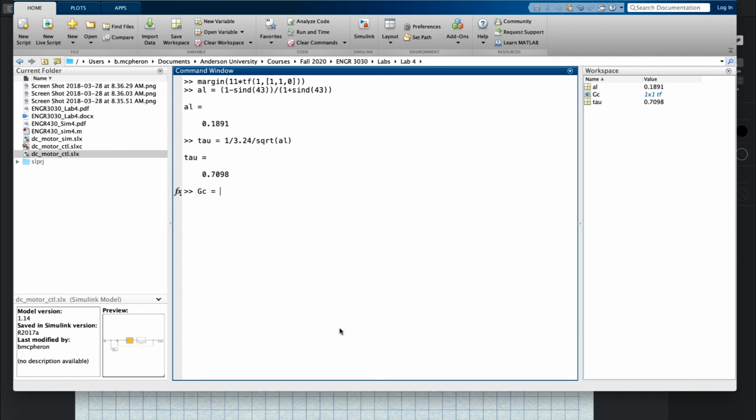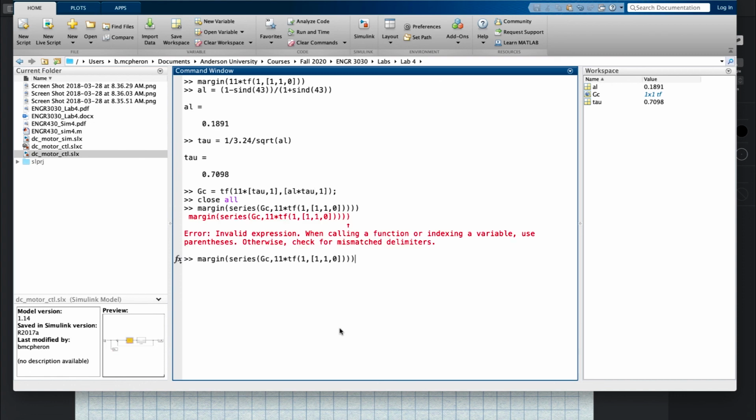So now let's form Gc. Gc is equal to the transfer function of 11 times tau comma 1, and the denominator will have alpha times tau comma 1. And then what I want to do is I'll take the margin of the series of Gc with my original transfer function and make sure to remove K here or you'll have a big accident.